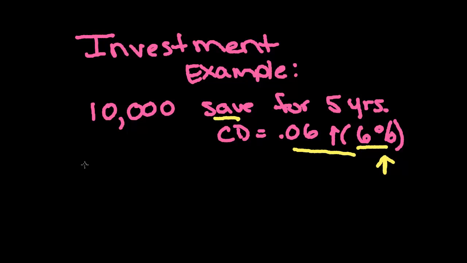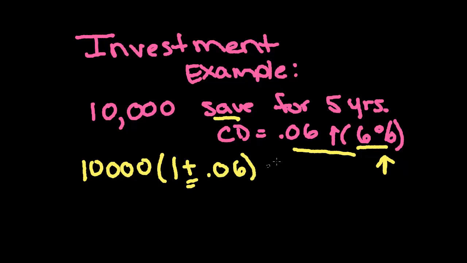So we're going to have to use that 10,000 times its appreciation. So we're going to do 10,000 times 1 plus 0.06 to the 5 years.